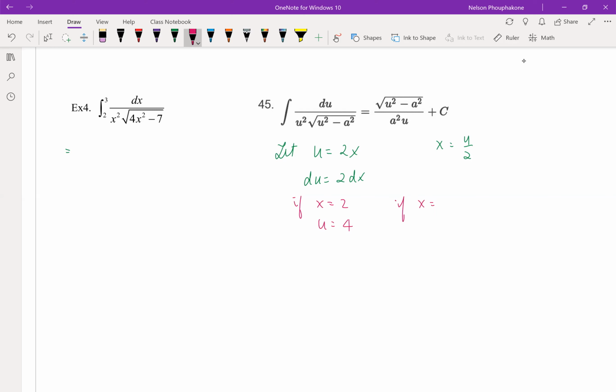If x is equal to 3, u is equal to 6. So then I integrate between 4 and 6. Remember, this is u equal to now, and this one is x equal to. And plug it in. So dx is du over 2.